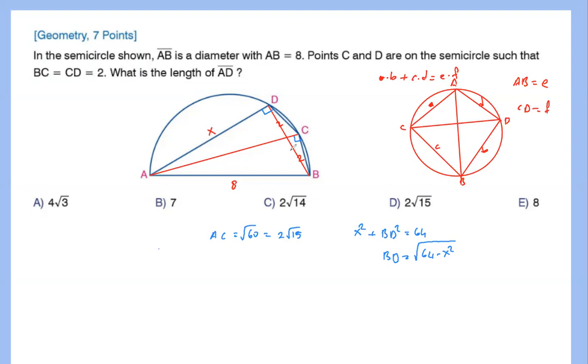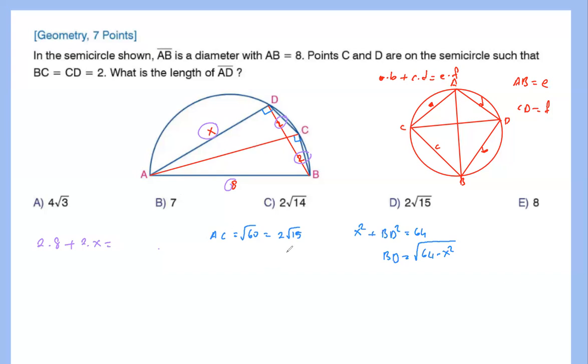For the opposite sides, I can take 2 as one chord and 8 as another chord, because if you were connecting this whole circle, this would be a chord and CD would be the opposite chord. So that will be 2 times 8 plus 2 times x, and this is equal to the product of the diagonals.